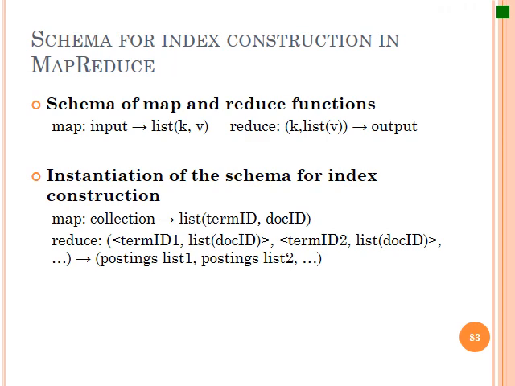The input becomes a document collection. The output of the map is now a list of term ID and document ID pairs, and the reduce function takes a term and the list of document IDs, and returns a posting list for each term ID. So this is the conceptual schema for doing MapReduce on index construction.